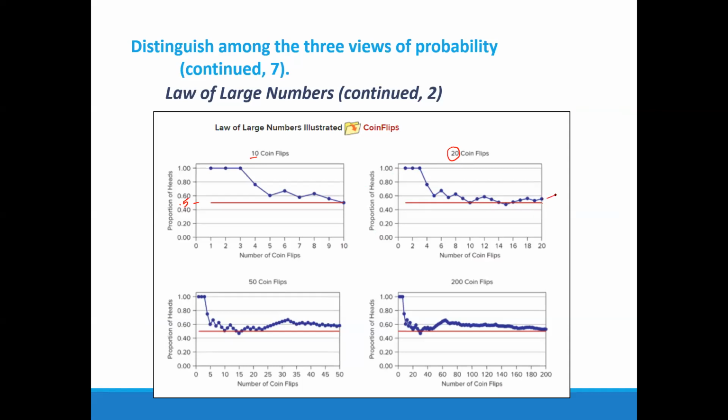The blue refers to the observed or empirical probability, and the red is the 0.5 classical probability. Each time we do more experiments, at the end the empirical or observed probability will reach the classical probability.